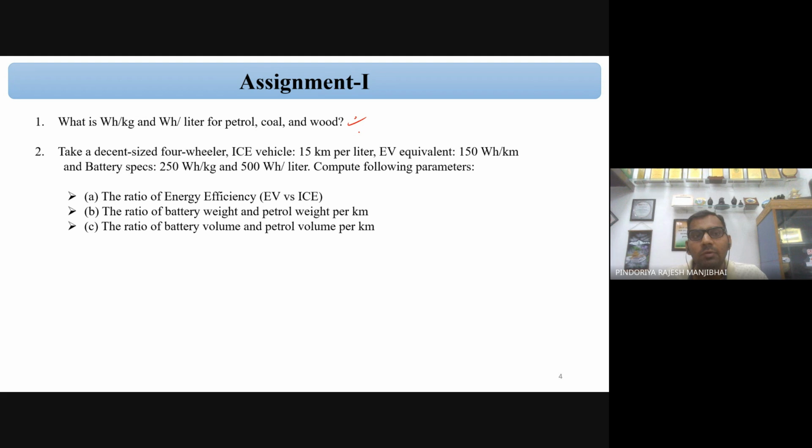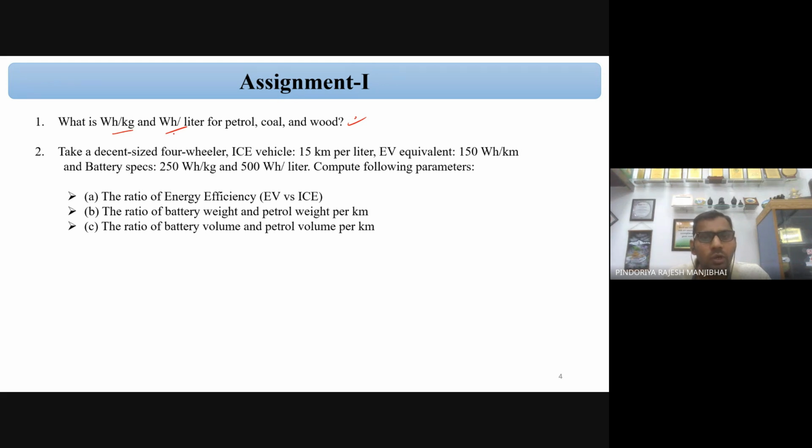How much energy will we get in the form of watt hour per kilogram and watt hour per liter? Actually, that we have to use in the vehicle.